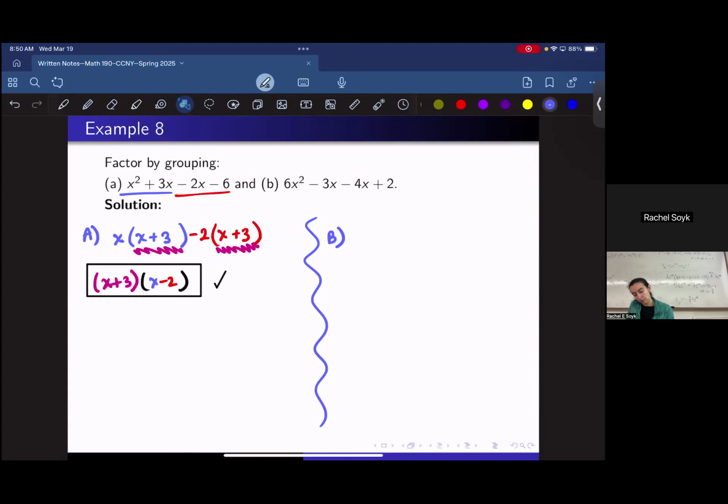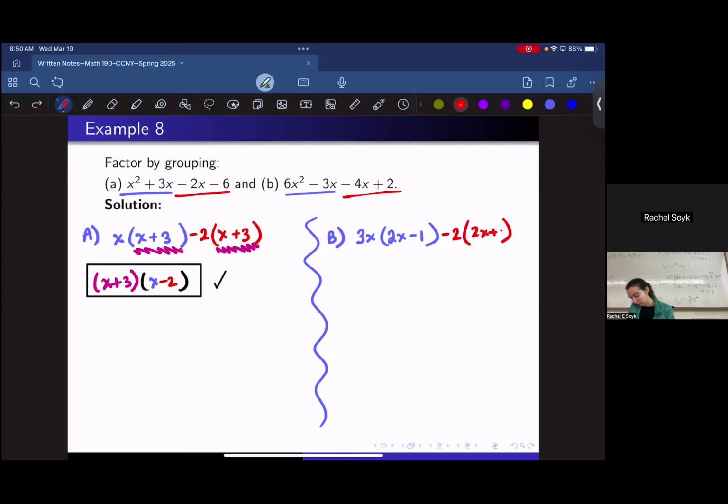Now look at part B. So first two terms, what can we pull out? A 3x, what's left in parentheses? 2x minus 1. Last two terms, what can we pull out? A negative 2. What's left in parentheses? 2x plus 1.